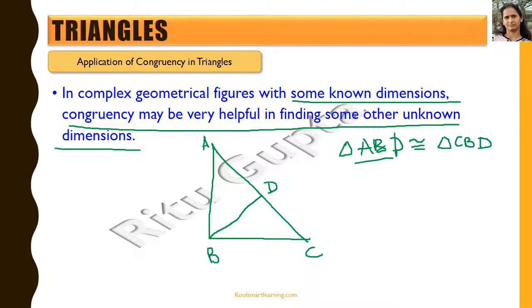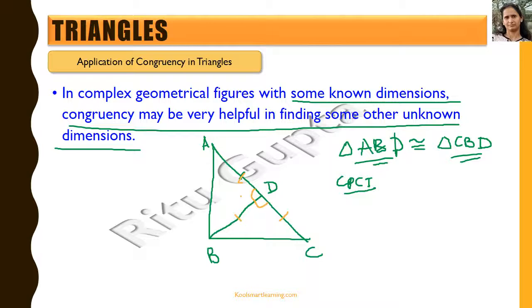Now since we know that ABD is congruent to CBD, we use CPCT for the congruency of triangles, and we say that this would mean that AD is equal to CD, BD being the common side, and we can say that angle ADB will be equal to angle CDB.